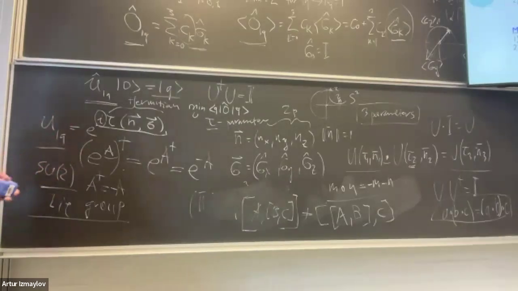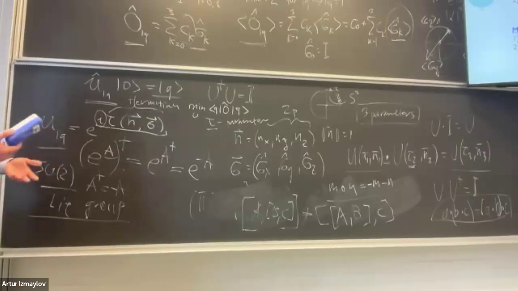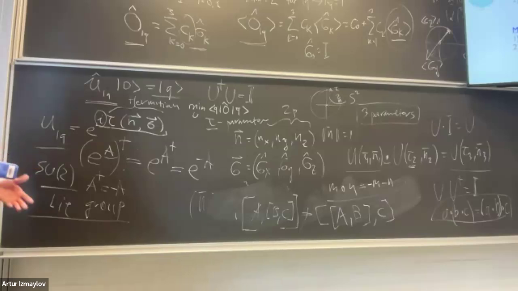But in general, it's more helpful to have gradients at least at your disposal. And you need to solve, of course, a global minimum problem, but still, it lets you go somewhere. So these Lie groups are going to be very much in use in our course.